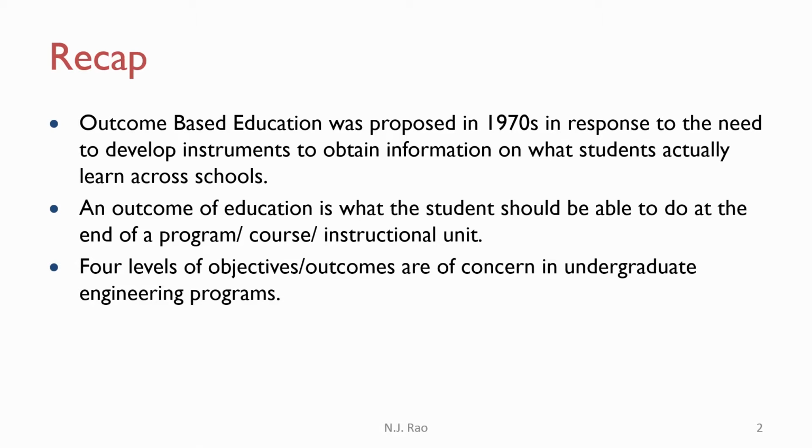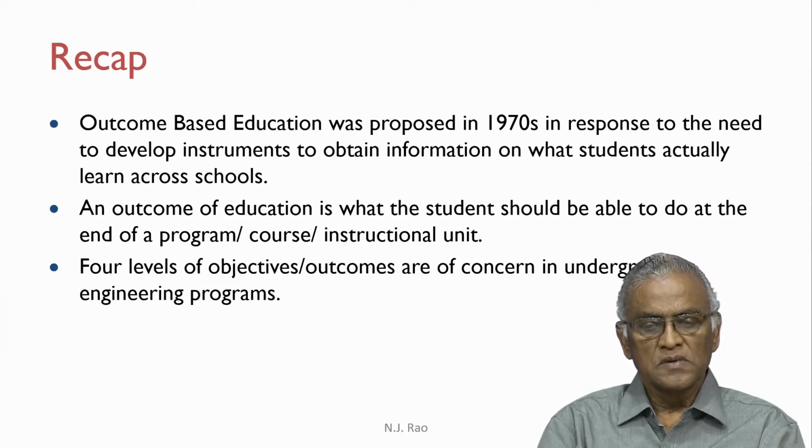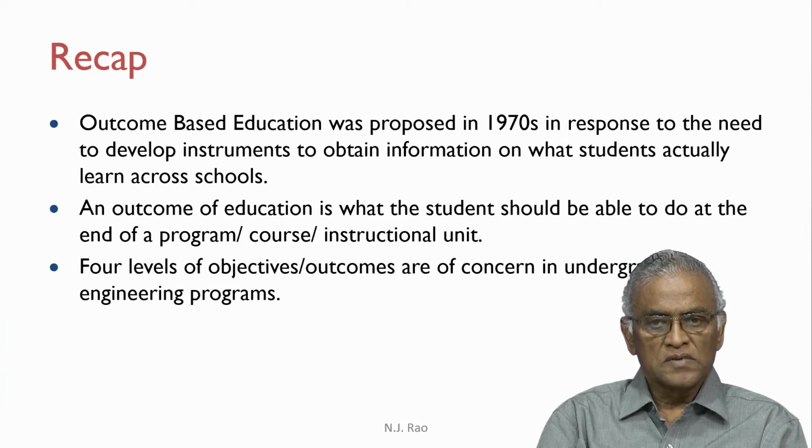It started with schools and then got extended to higher education programs. An outcome of education is what the student should be able to do at the end of a program, course or an instructional unit. And we identified 4 levels of objectives or outcomes of concern to undergraduate engineering programs.